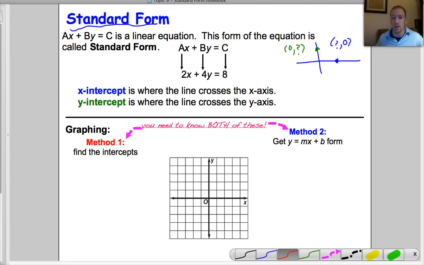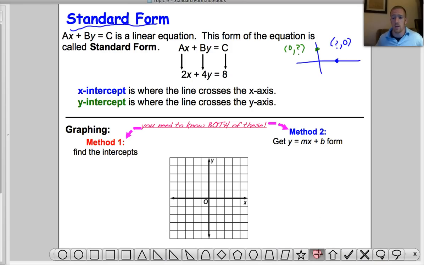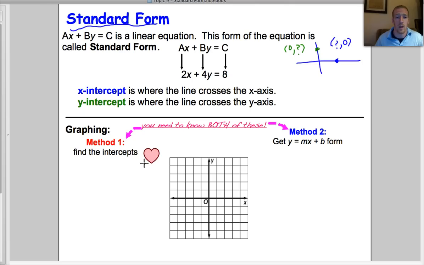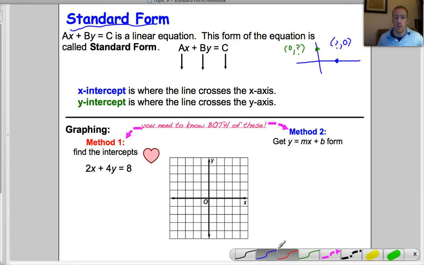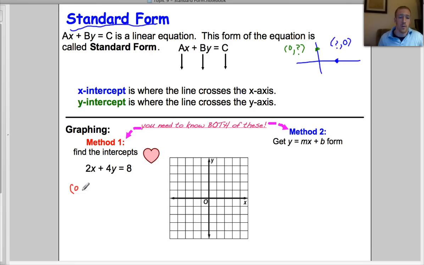If I was doing this in front of you on the board, I would take my hand and cover up the term. I know for one of my intercepts x is 0, and for another intercept y is 0. So when I'm doing it by the intercepts, I automatically write this right off the bat because I know it's going to have a 0 for an x and a 0 for y for the two different points.